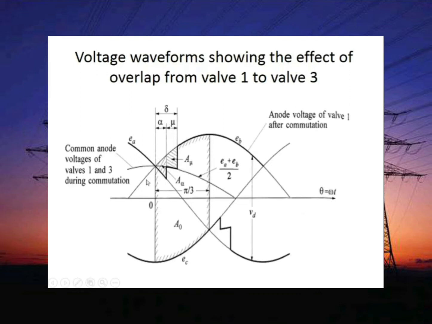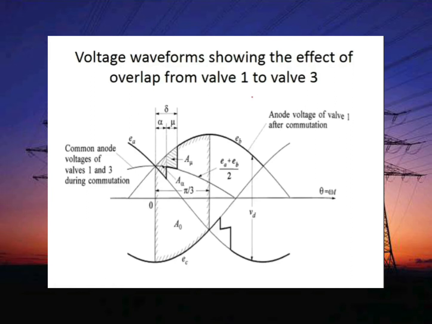So the total waveform is EB, and during the commutation your voltage becomes EA plus EB by 2. If we separate EB from EB minus EA plus EB by 2, you will get this area, and the time period for that is alpha to delta, your overlap angle. What is delta?